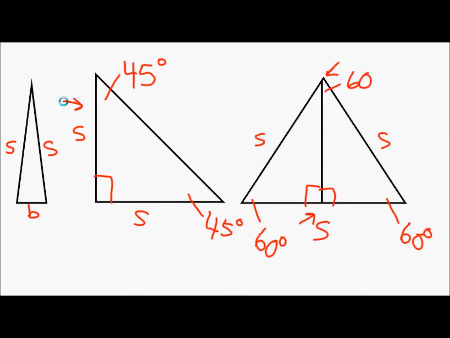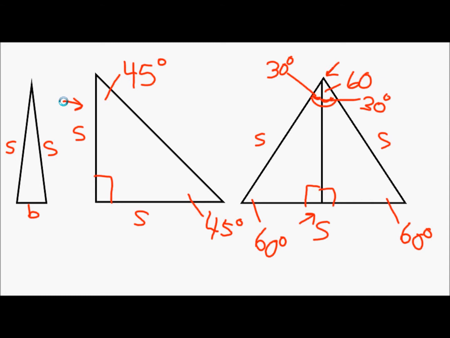Now, that's the whole angle, that's 60 degrees. But when you drop a perpendicular and separate it into 2 right triangles, the important thing I want to show you is this little angle here and this little angle over here, each of those are 30 degrees, which makes sense because they have to add up to the 60 degrees.